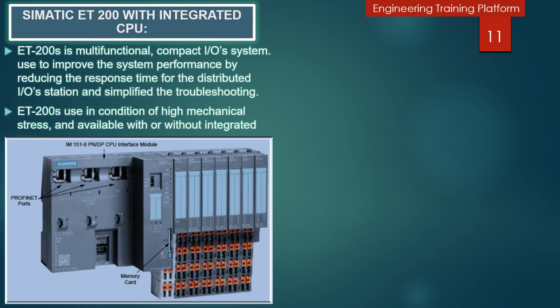Interface modules with integrated CPU can be used both in standalone mode and for distributed automation solutions with medium-sized programs, and depending upon the version, a Profibus DP and/or Profinet port is available.